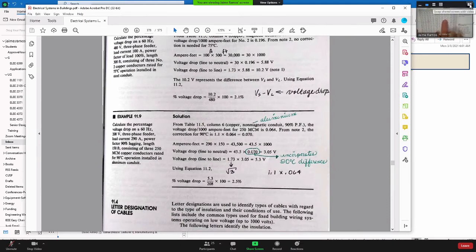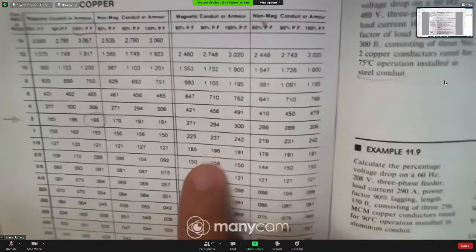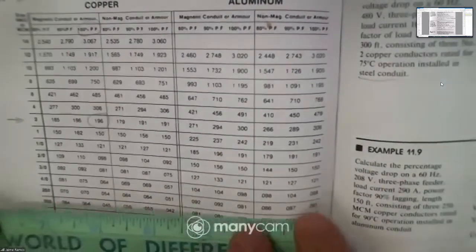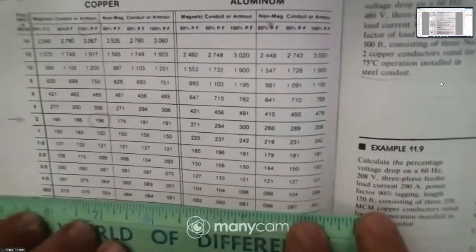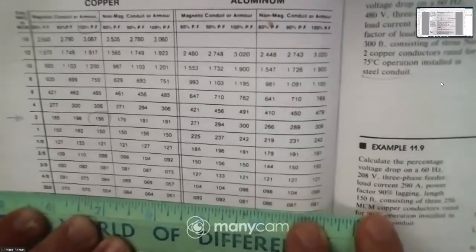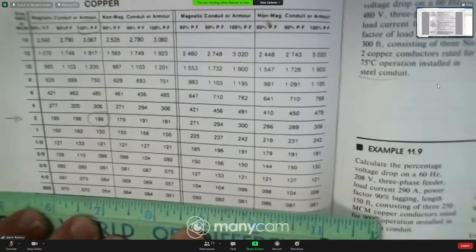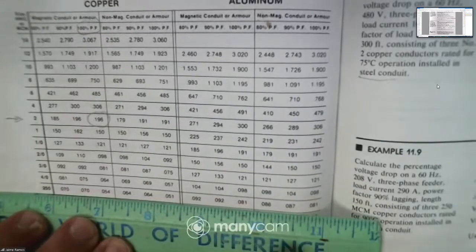So now this is aluminum. The conductor is 250. So that's right here. The conduit is magnetic or non-magnetic. Aluminum conduit, non-magnetic.